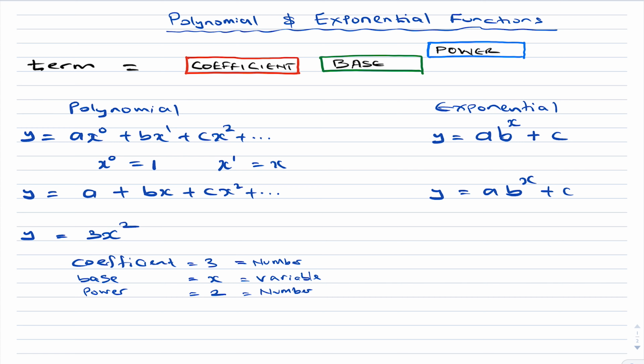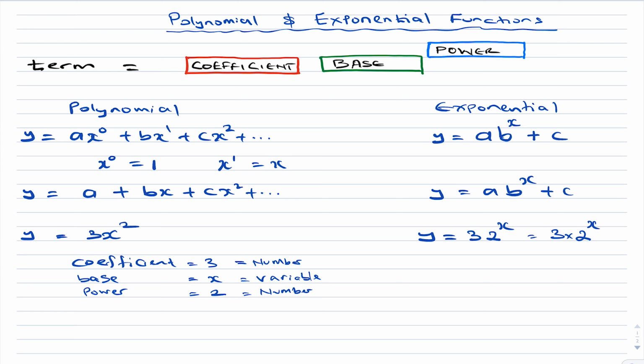On the other hand, if we have an exponential function, it will be y equals 3 to the power of x. So what I've done is that's actually 3 times 2 to the power of x.